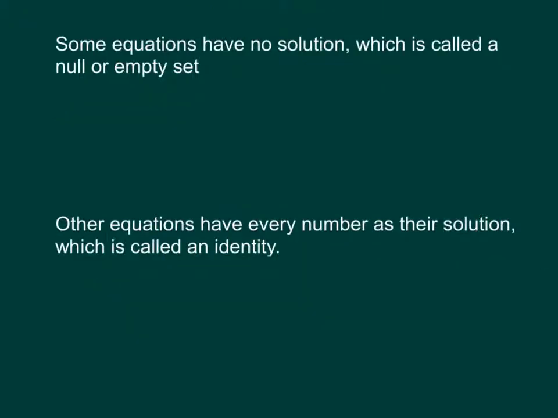Sometimes when we solve equations, some of the equations don't have a solution. And so when we do not get a solution as an answer, we write it's a null or an empty set or no solution. So an example of something that we might see is negative 14 is equal to 6.